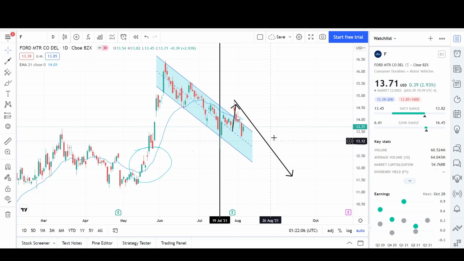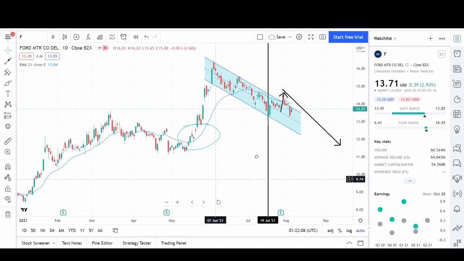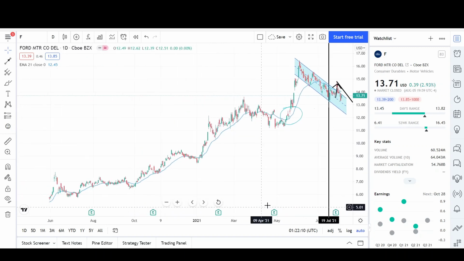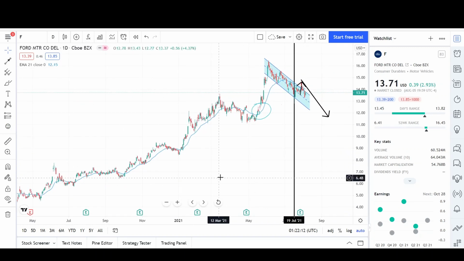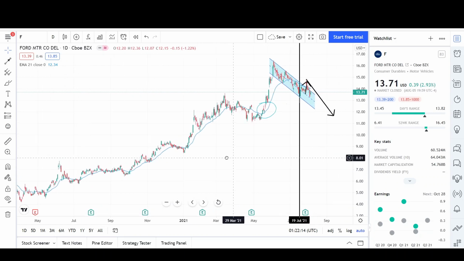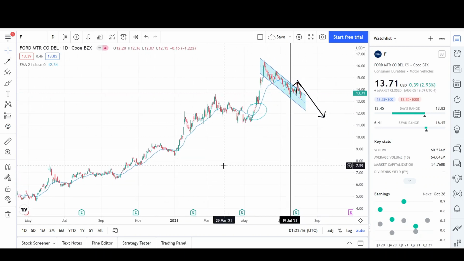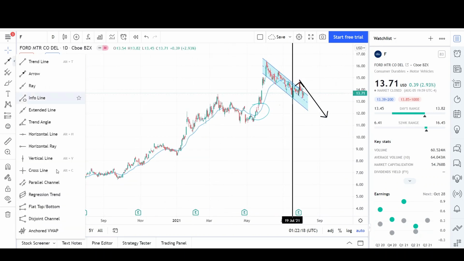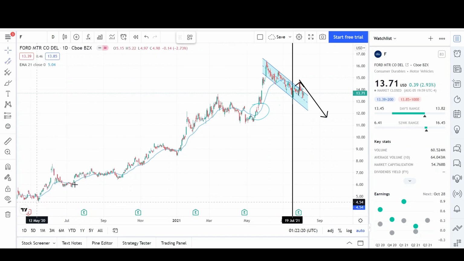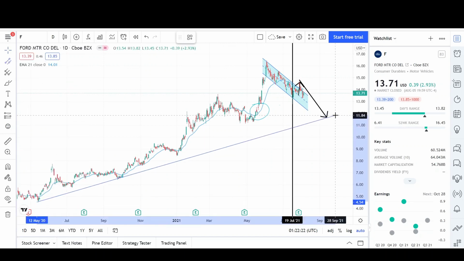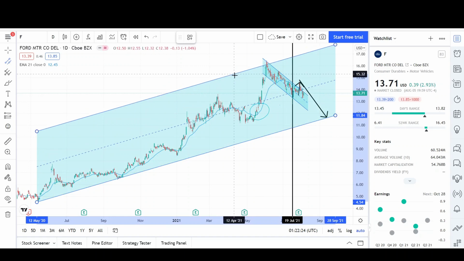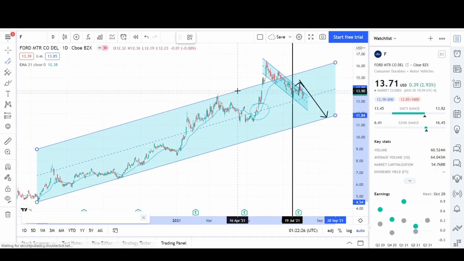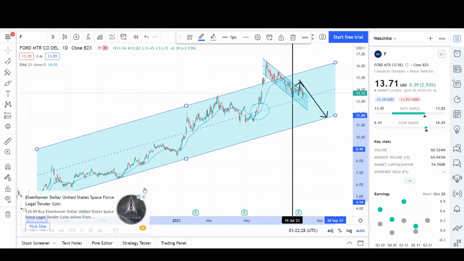It could find support because if I draw a channel that the price is currently still in, this uptrend channel, you can see that this target is right on the lower side of the channel. Let me show you guys that right now. So if I connect the swings right here where we get the most touches, and if I drag it up, this looks like the channel that price could be in right now.